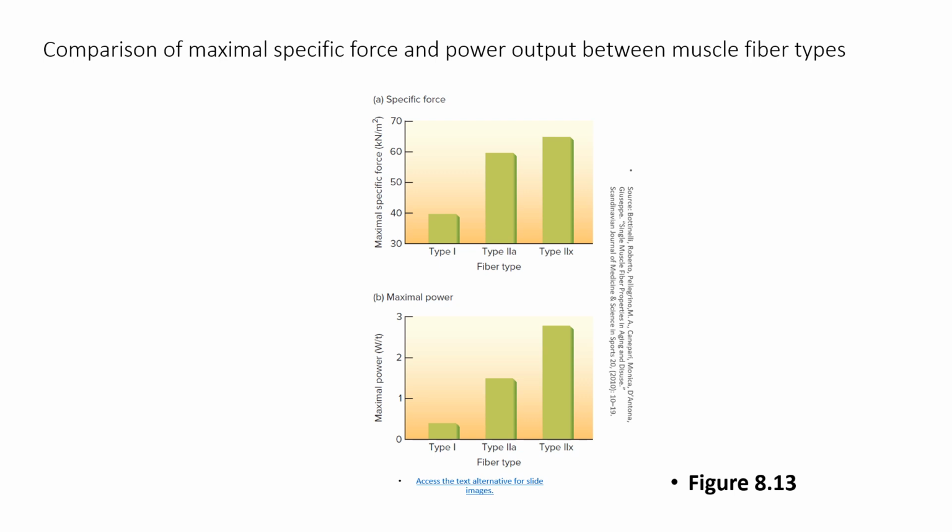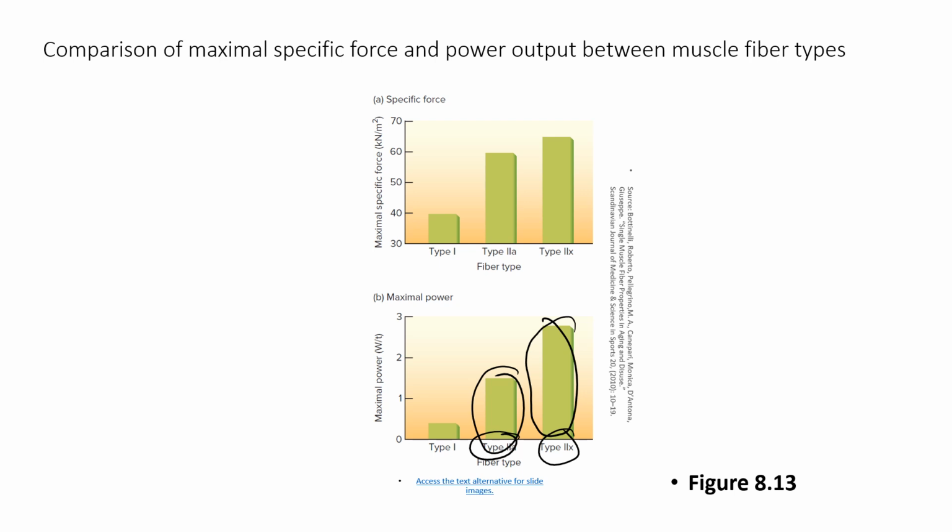So what I went over with you does answer this question, but it doesn't actually apply to real life. If at the same velocity a type 2X fiber can produce more force than a type 2A fiber for the reasons that we discussed, then of course over time a type 2X fiber is going to be able to produce more force than a type 2A fiber can.